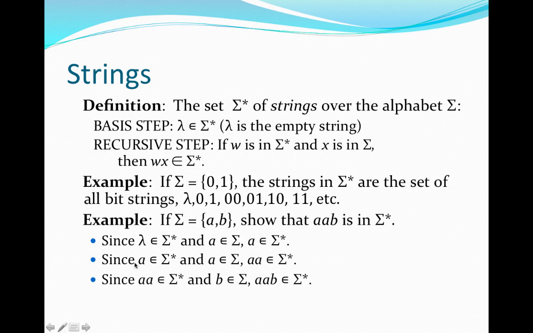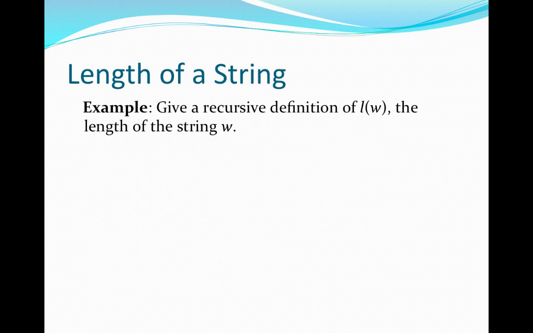Finally, since AA is a string and B is a member of our alphabet, by the recursive step we are allowed to add B to the right side of the string, so AAB is also an element of our strings.